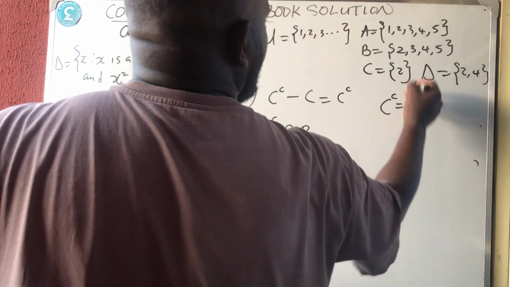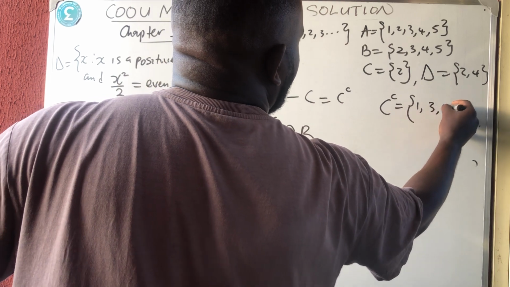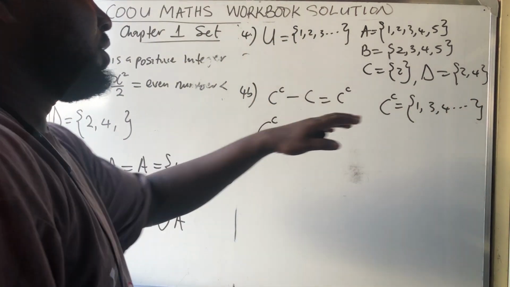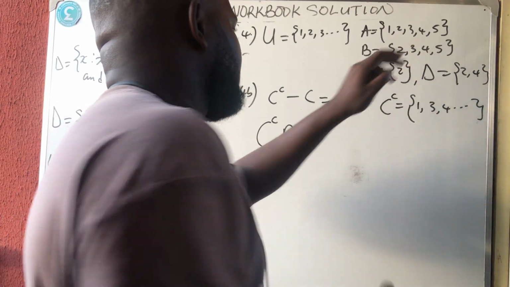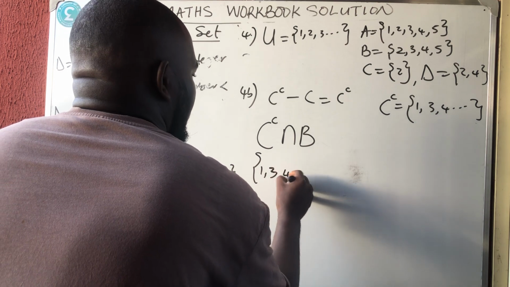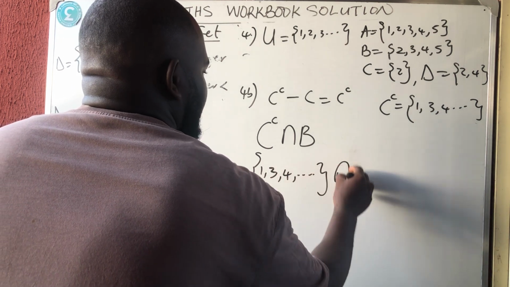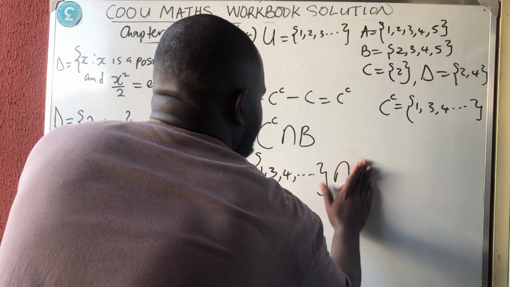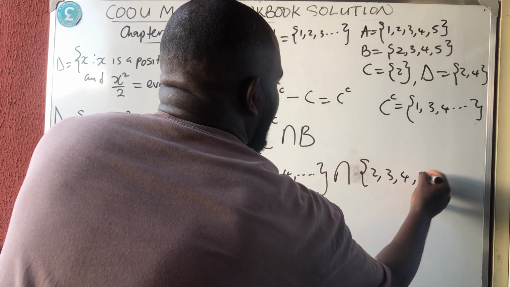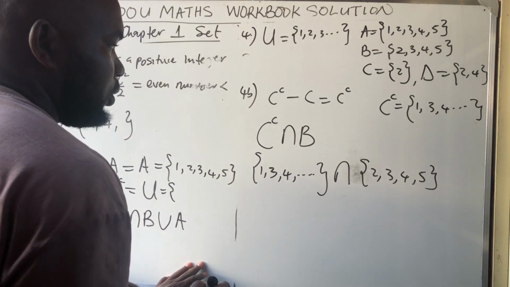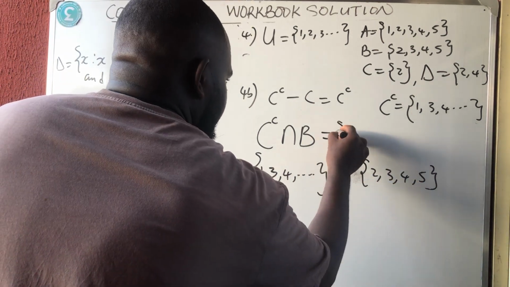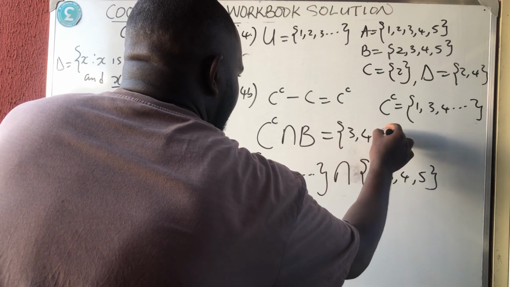If I remove the 2, I'm having 1, 3, 4 and so on. Now the C complement, which is 1, 3, 4 and so on, intersection B. And what is my B? My B is 2, 3, 4, and 5. Intersection means what they have in common. So what they have in common is 3, 4, and 5.